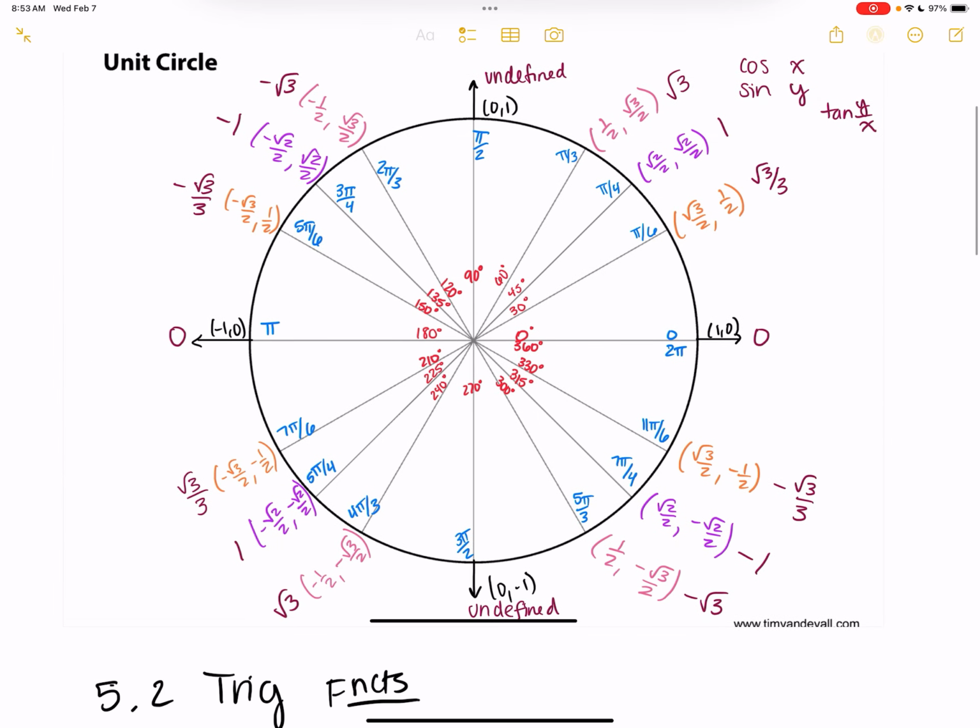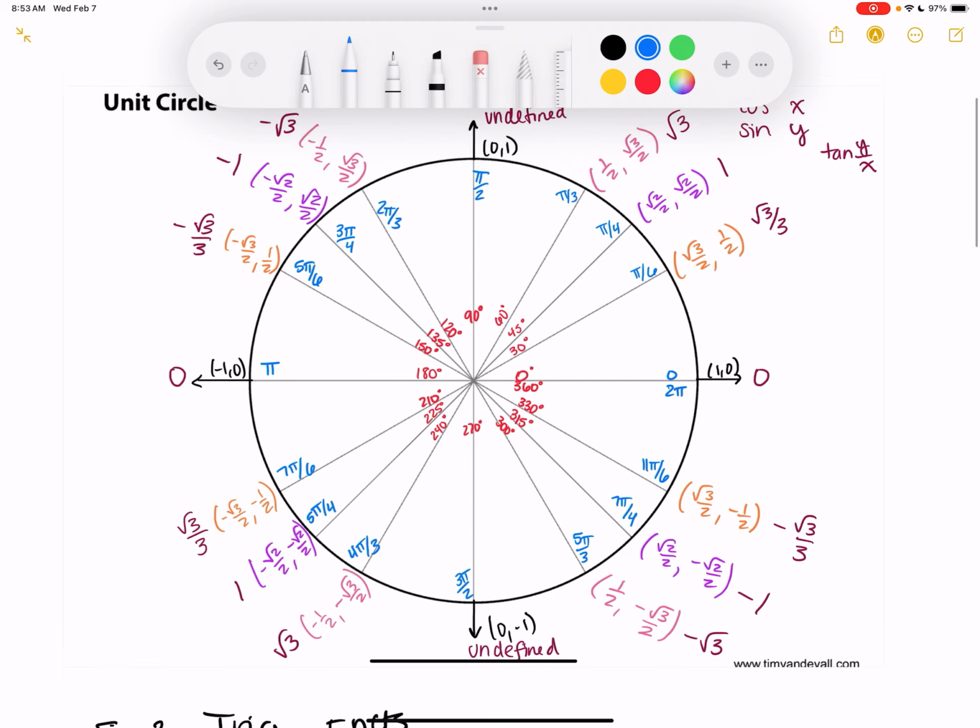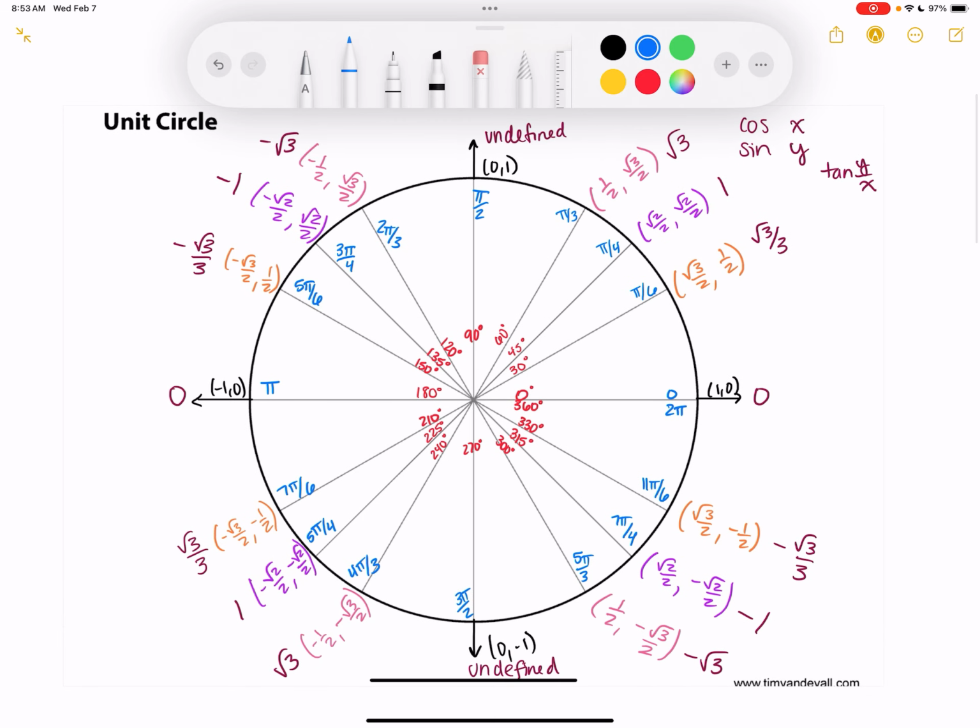So we go around. One full time is 360. 90 more degrees would put us at 450. So it's up here, and we're looking at tangent. So what is the tangent at 90?